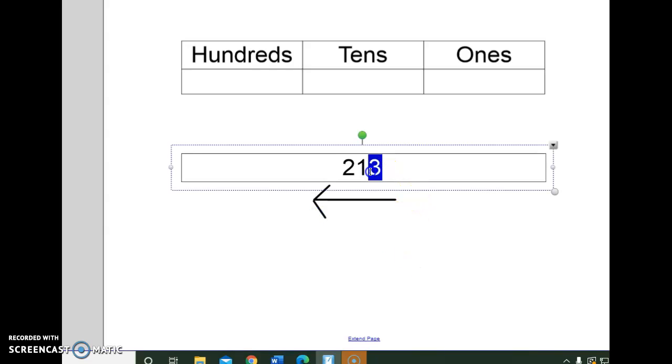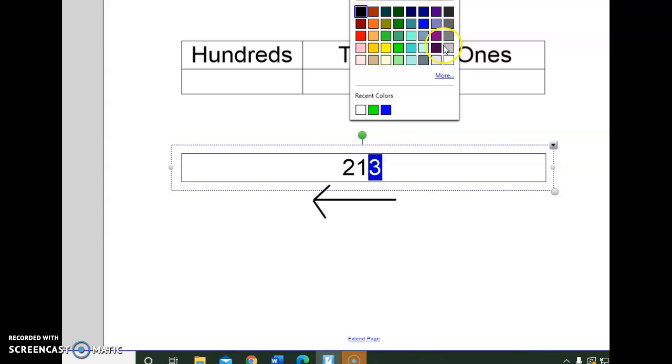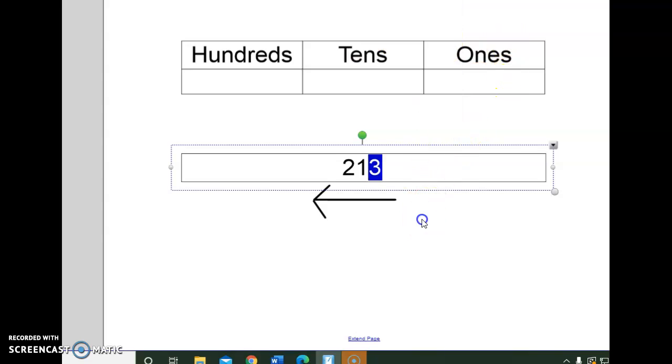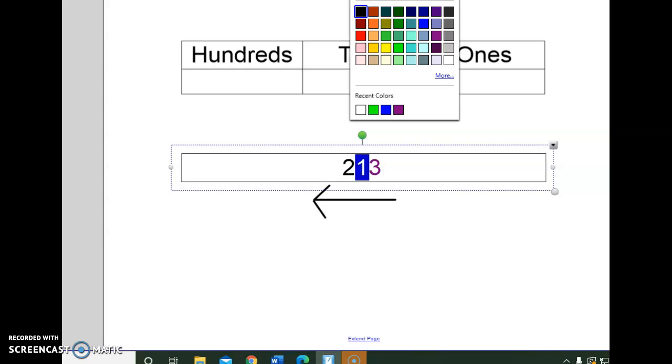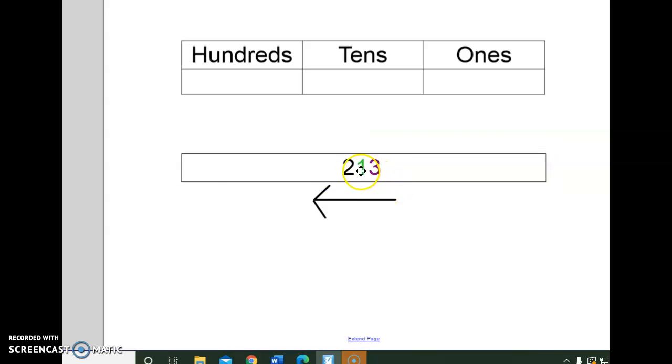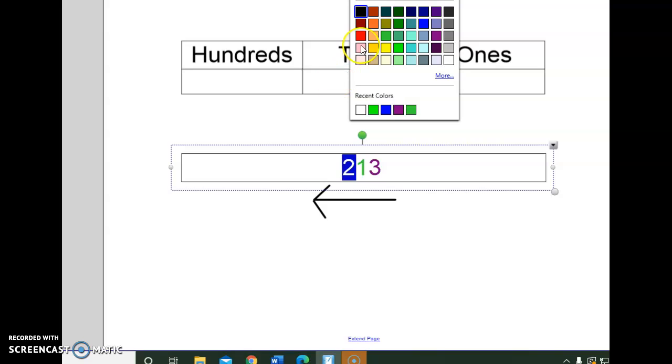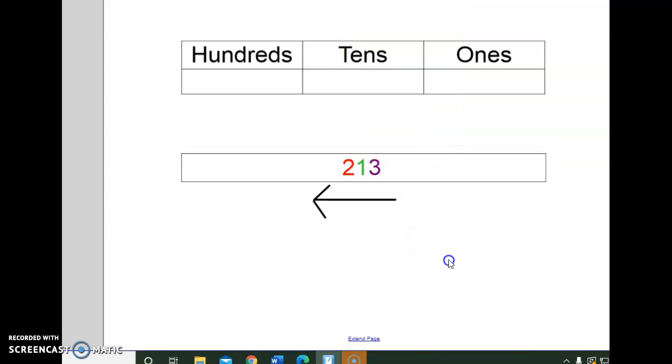So, let's go backwards again. The first number we get to is the ones. The next number we get to is the tens. The next number we get to is the hundreds.